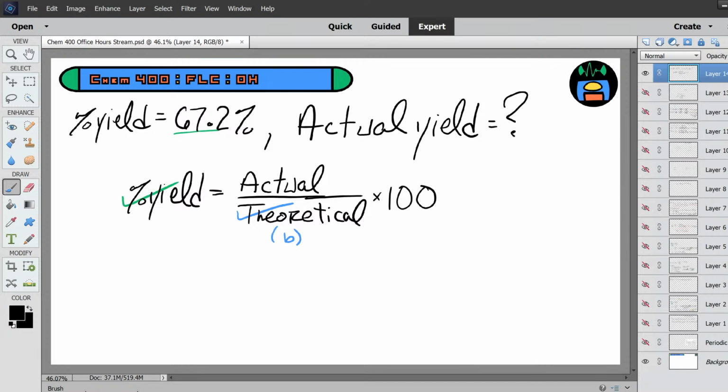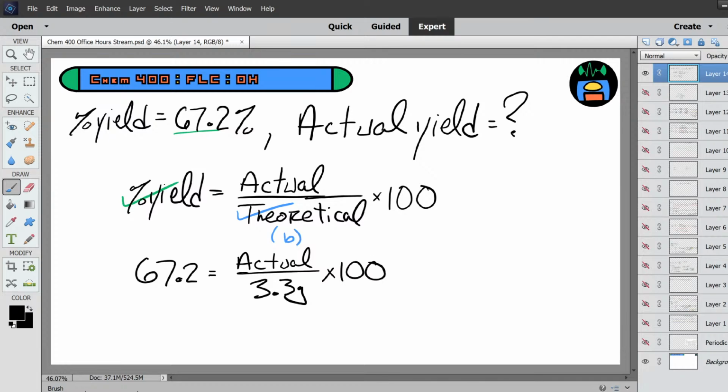So percent yield, 67.2, is equal to actual over theoretical, which was 3.3 grams, times 100. Well, to solve for our actual yield, we need to cancel our 3.3 and our 100, right? We need to isolate our actual yield on one side of this equation.